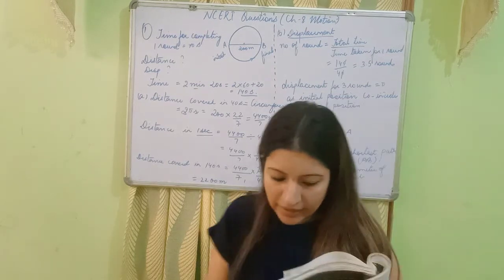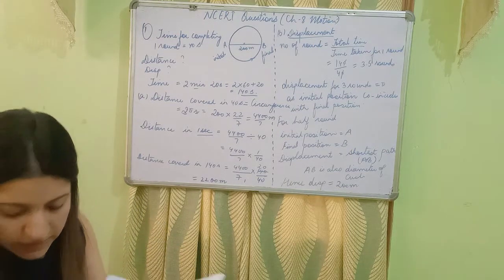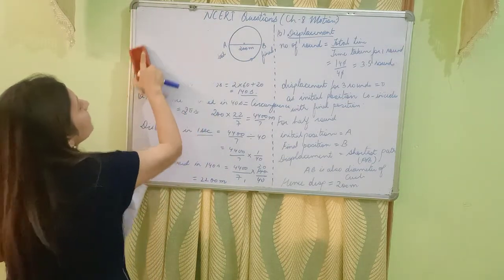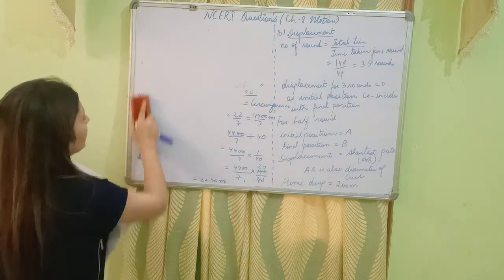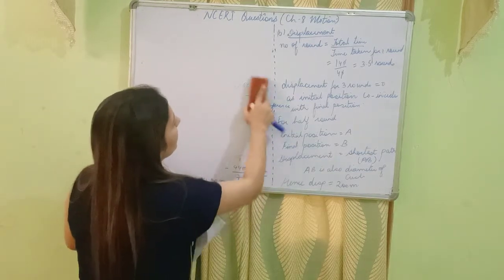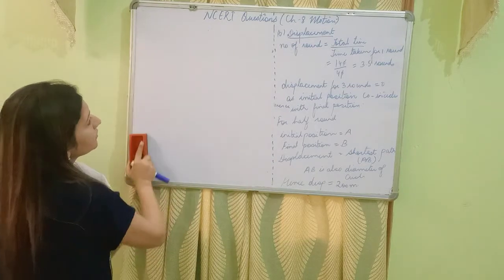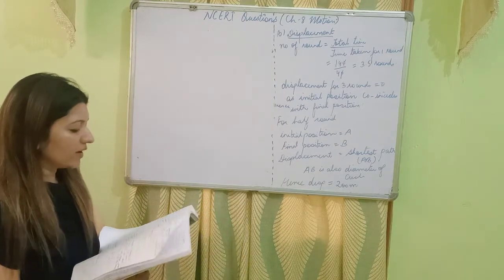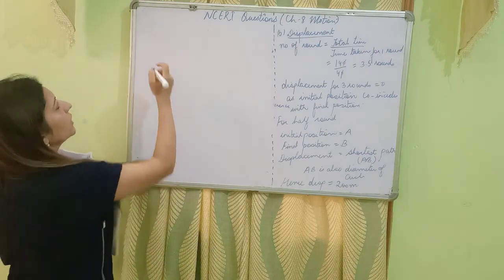Now coming over to the second question. Joseph jogs from one end A to the other end of a straight 300 meter road.